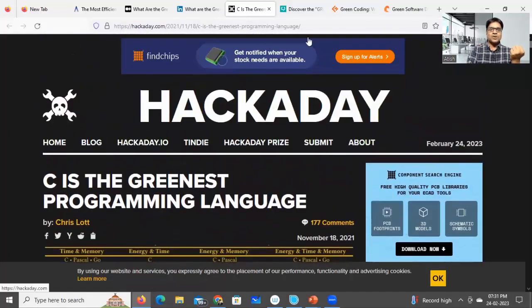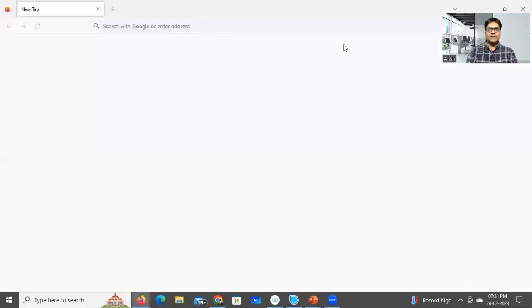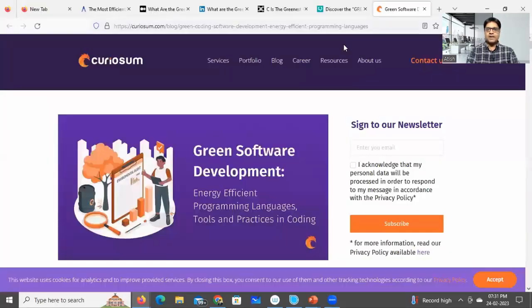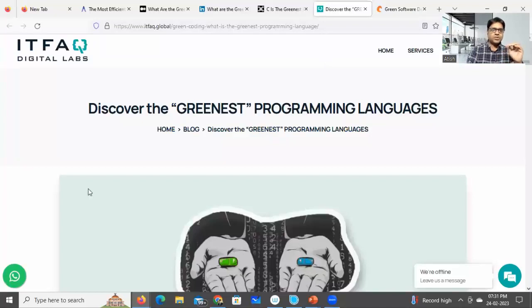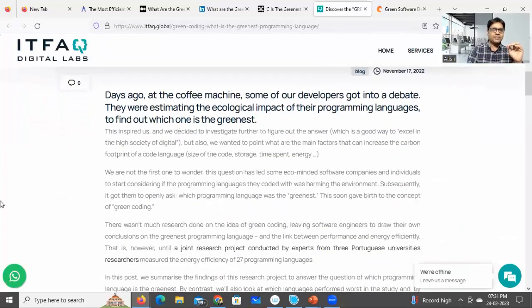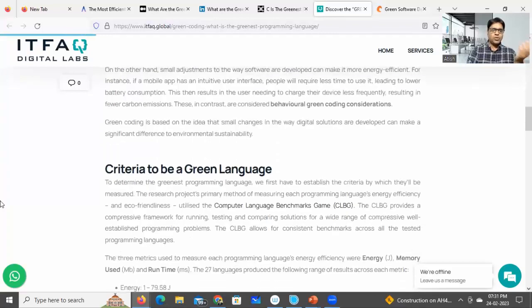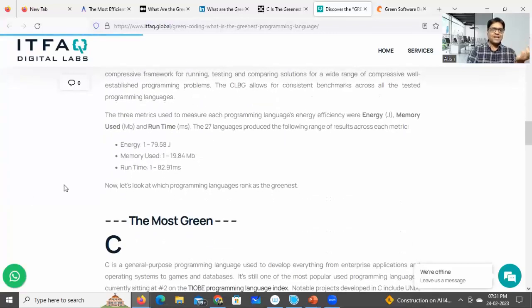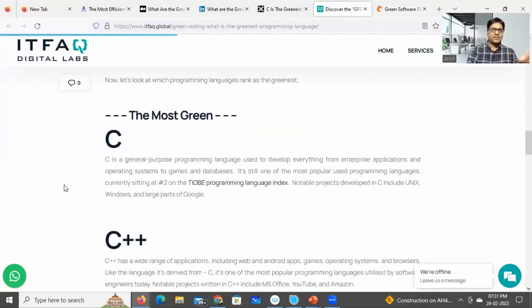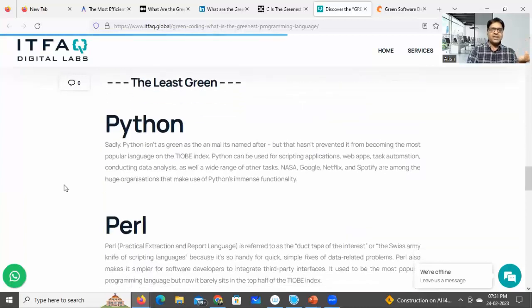And there is one more article from Discover. They have also written a beautiful article on green coding principles, the criteria to be a green programming language, and the most green and the least green.